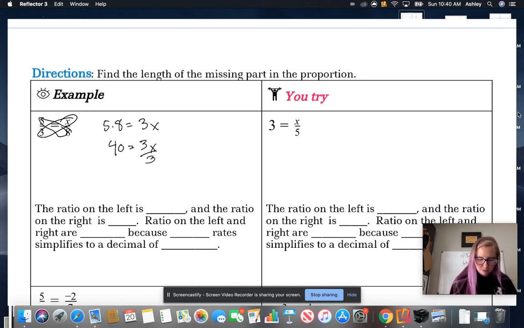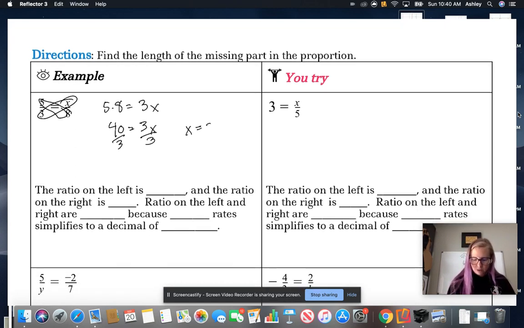We divide by 3 on both sides, and we find that x is equal to 13 1/3. So the ratio on the left is 5 over 3. The ratio on the right is 13.3 repeating, that's the same as 13 1/3 over 8.